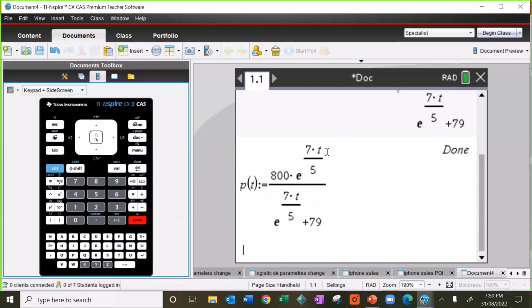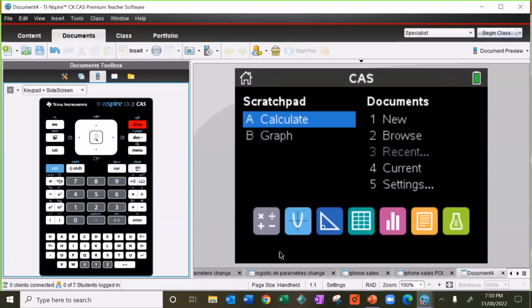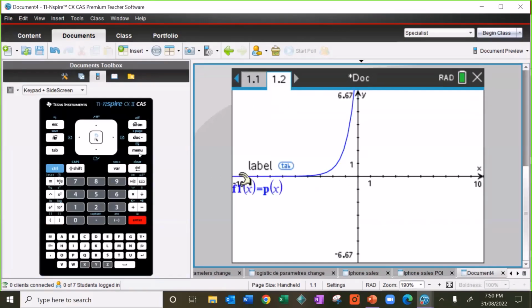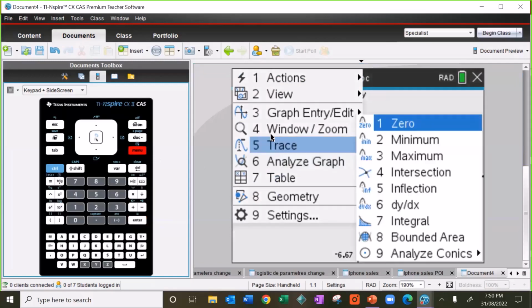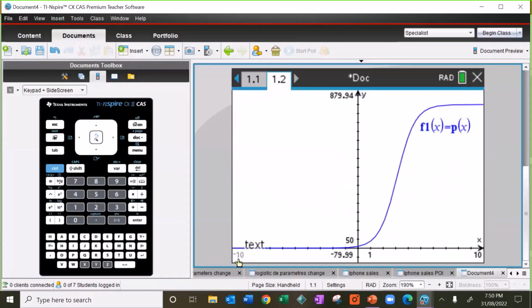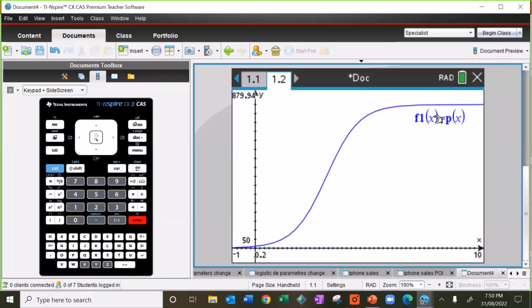So if I assigned P in T to be this equation, now I can actually sketch it, going P in X, and of course that will not look very good, so let's use zoom fit and change that to -1. And now this is our curve when K was 1.4.